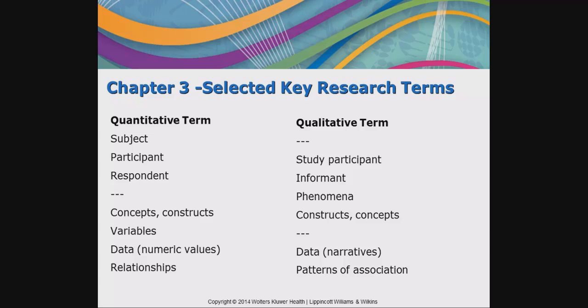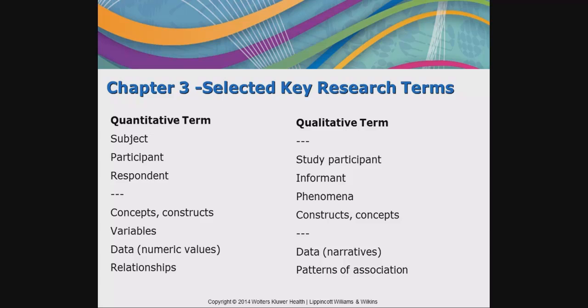But for Chapter 3, we're going to be looking at some research terms, still wanting to expose you to differentiating between quantitative and qualitative. And this table is perfect because it really highlights some primary differences. The language is different for these two types. And I do want this to become part of your central nervous system, because I bet you're going to see it on a test.